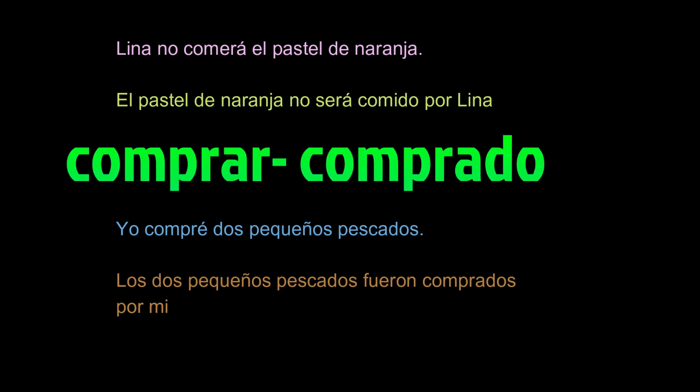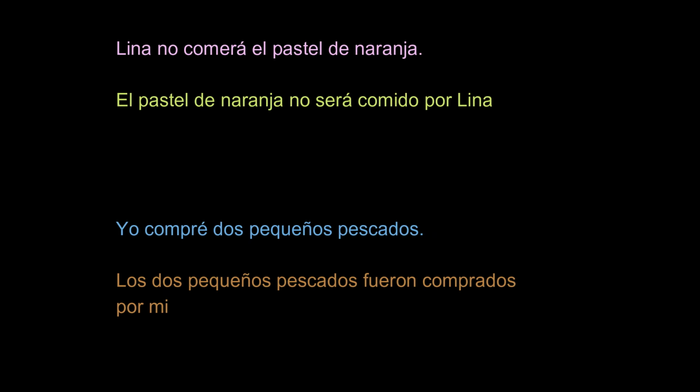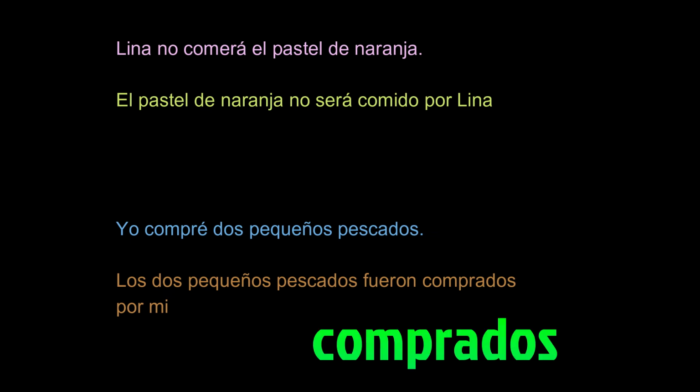Comprado is coming from the infinitive comprar. And why do we have S at the end, comprados? Because los dos pequeños is a plural, so there has to be an agreement in gender and number.